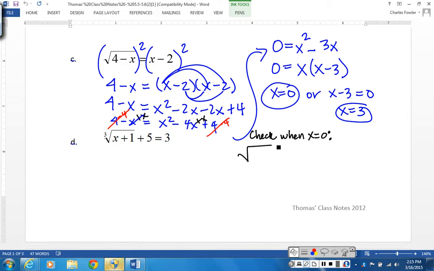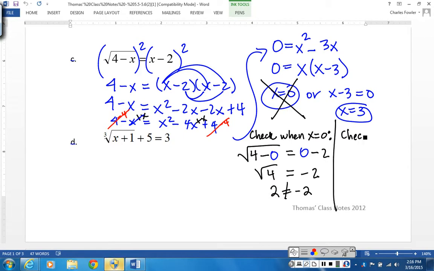So the square root of 4 minus, let's plug in a 0, equals 0 minus 2. Here we have the square root of 4, and over here we have negative 2. Now the square root of 4 is 2. That does not equal negative 2. Therefore x equals 0 is an extraneous solution. It does not work, so we throw it out.